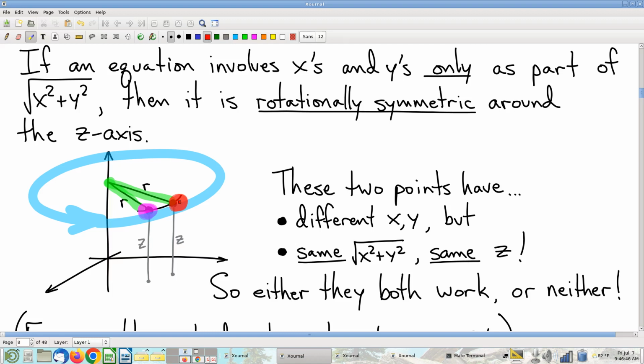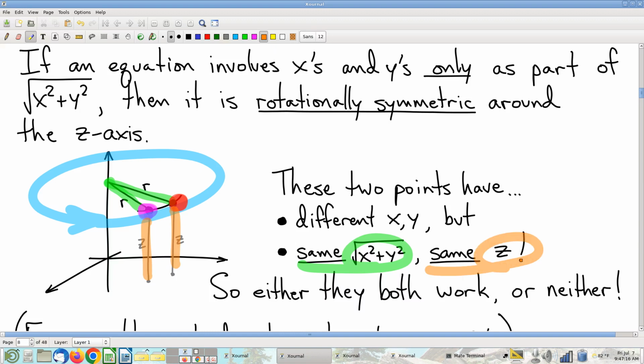They have different values of x and y. Well, of course they do. They're different points. But notice, they have the same value of what I'm calling r in the picture there. The same value of square root of x squared plus y squared. Because I rotated around the z-axis, and distance from the z-axis doesn't change when you do that. They also, notice, have the same value of z.